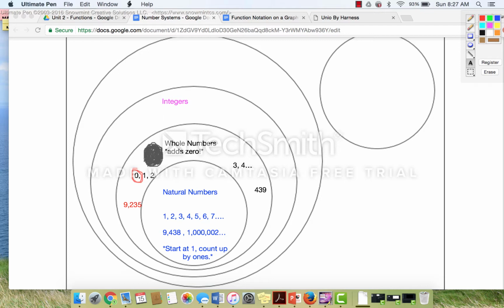So maybe we have things like -5, -4, -3. I mean, we still have 0. We still have 1, 2, 3. And just anything continuing on in either direction from here. So we could have -947. We could have +423. The integers are just where we add in negatives.